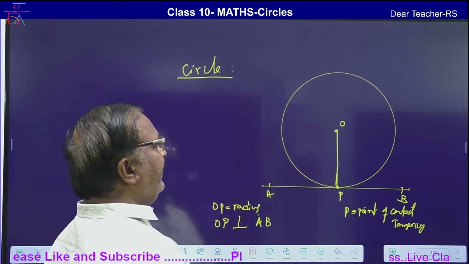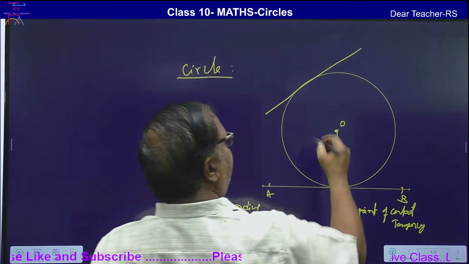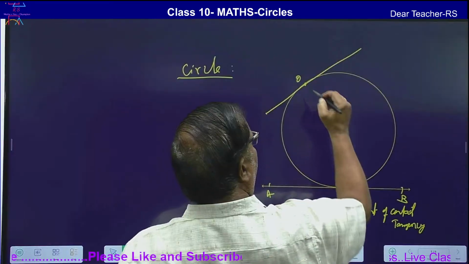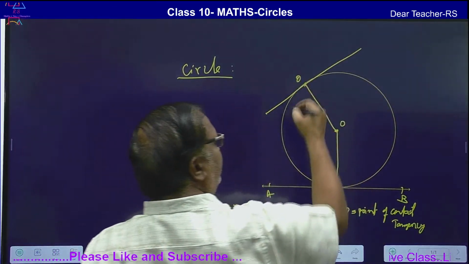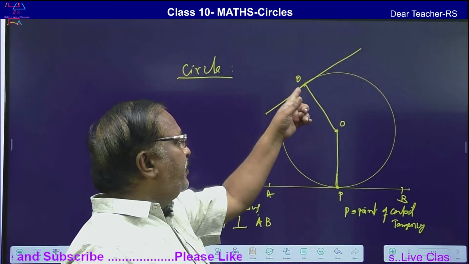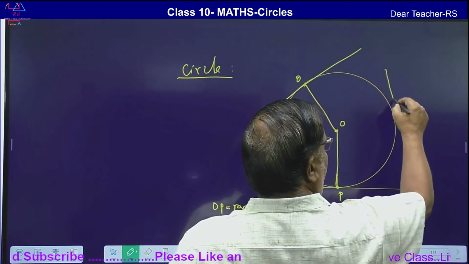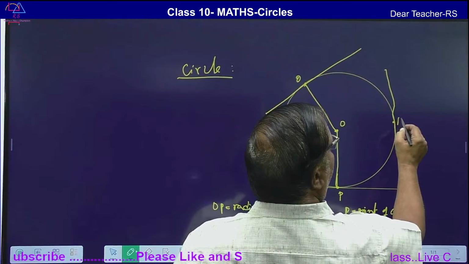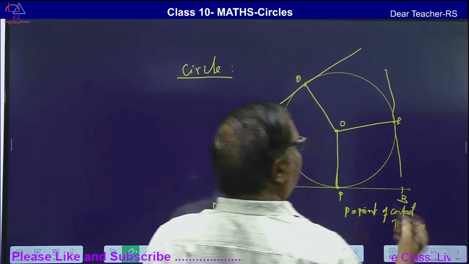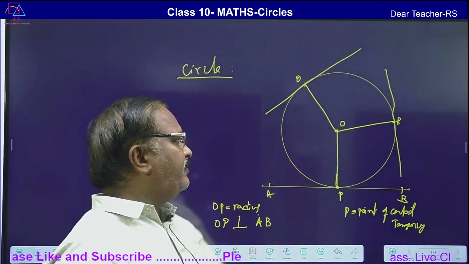You draw anywhere. I will draw one more, this is one more tangent, this is one more point of contact. You join this, and OQ is radius at the point of contact to this tangent. You draw one more, let us say this is R. OR is one more radius to one more tangent at the point of contact.